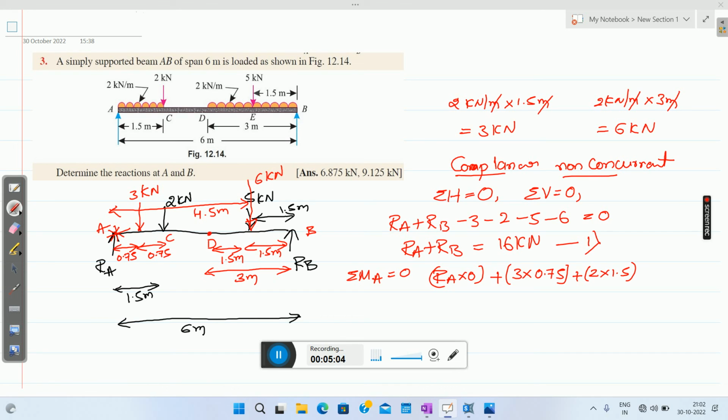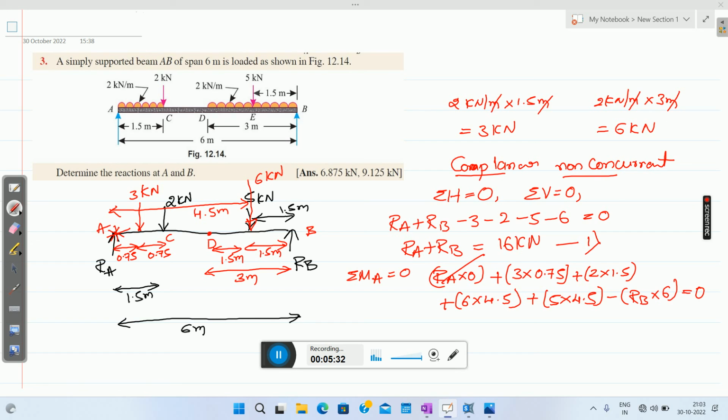Next, this 6 kilonewton, clockwise, so 6 into 4.5. Plus again 5 into 4.5. Next, this RB will rotate in anti-clockwise direction, so minus RB into 6 equals 0.